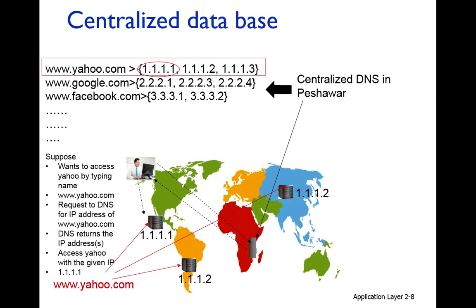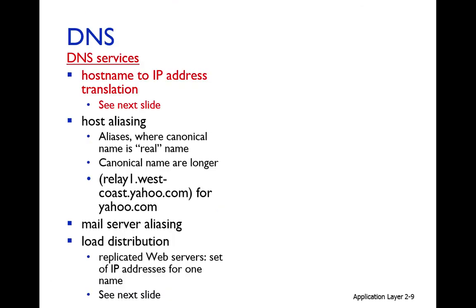First of all, it returns the IP address. Along with the IP address, it can also return host aliasing, the canonical name, the short name, as well as mail server aliasing, and the DNS is also used for load distribution.